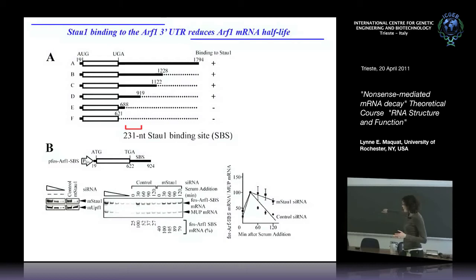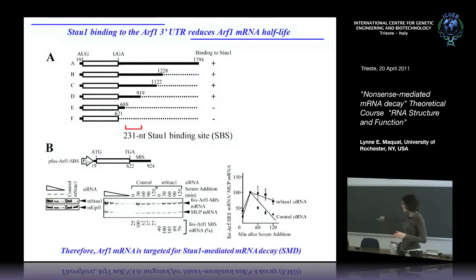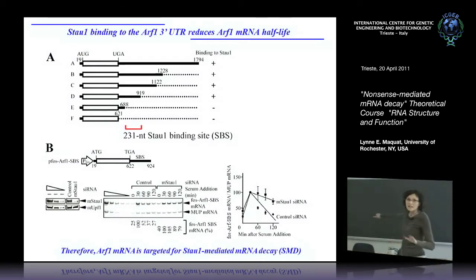And when Staufen is downregulated, sure enough, the half-life of the mRNA is increased. Whereas in the presence of control siRNA, SMD is fully functional. And we can conclude that ARF1 mRNA is an SMD target, and that using UPF1 siRNA inhibits decay, just like Staufen siRNA does, but UPF2 siRNA has no effect, UPF3 siRNA has no effect.